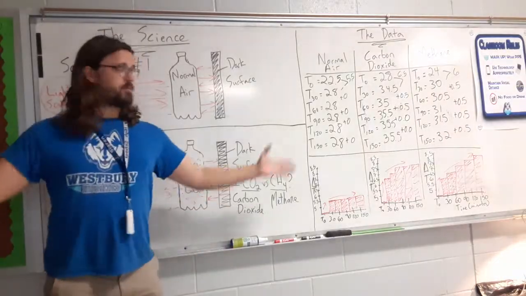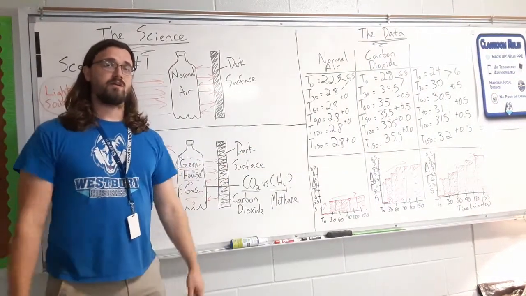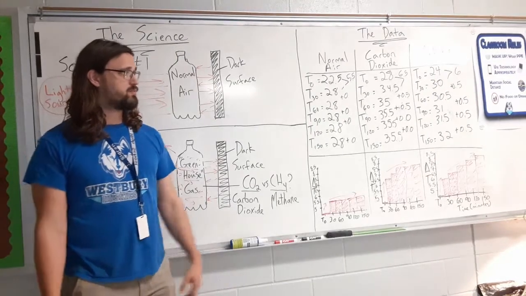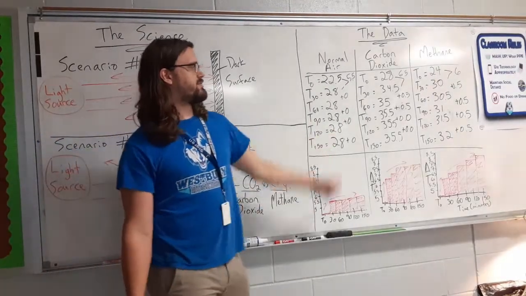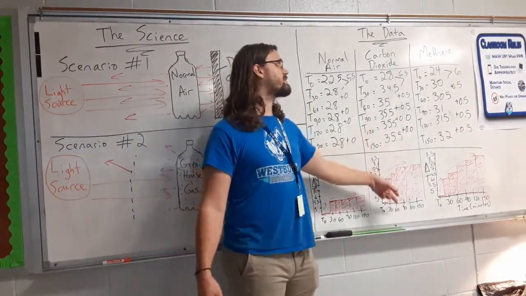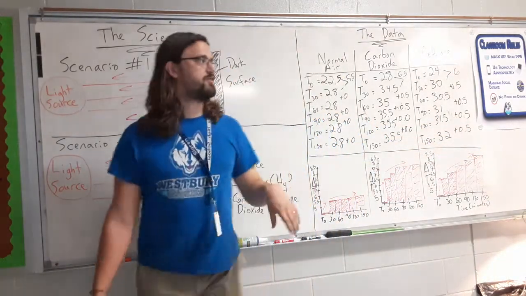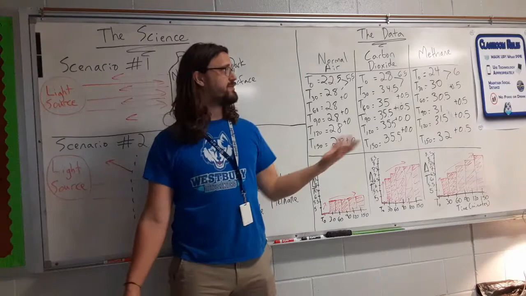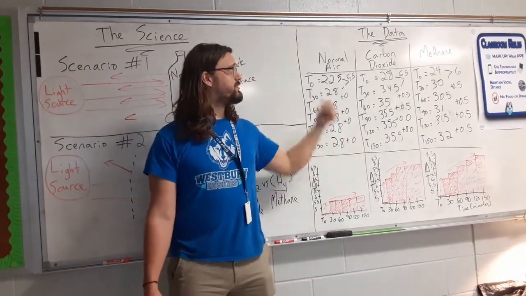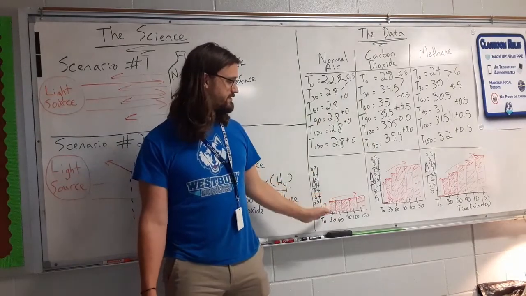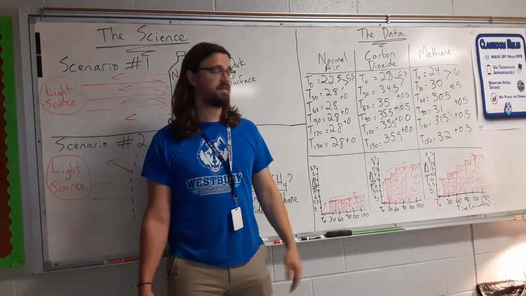All right, so we made it to the end of this experiment. Here we are at the 2.5-hour mark, and what we saw is no change in normal air, no change in carbon dioxide, another half a degree for methane. And so overall in the end, methane was the winner. Normal air increased by 5.5 degrees, and then it never increased again.